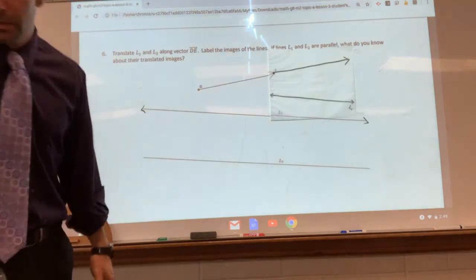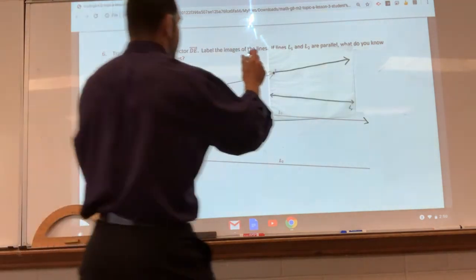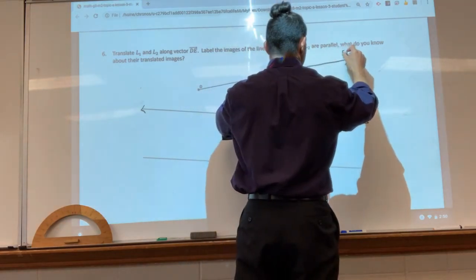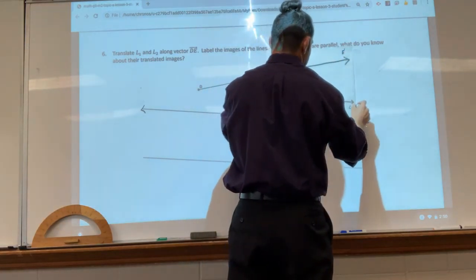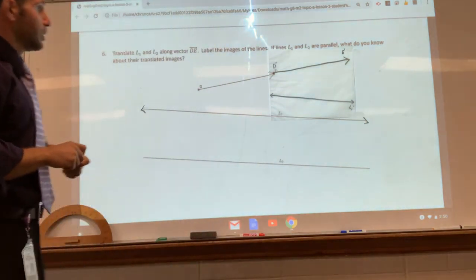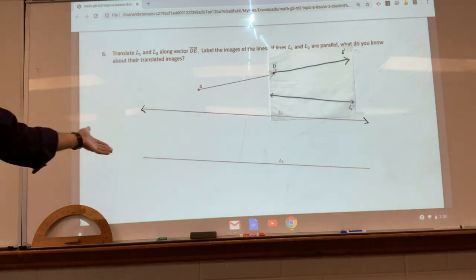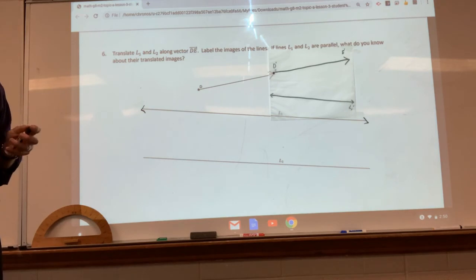So we've now got D prime, we've got E prime, and we call this L1 prime. What do we know about these? We know that they are parallel. How do we know that? Because we moved it the same distance and direction. I'm not going to move L2 because when you move it along DE, guess what? It's going to be parallel as well. Questions?